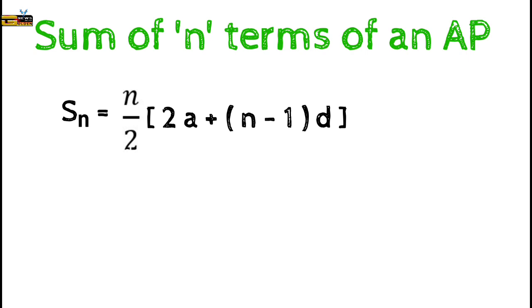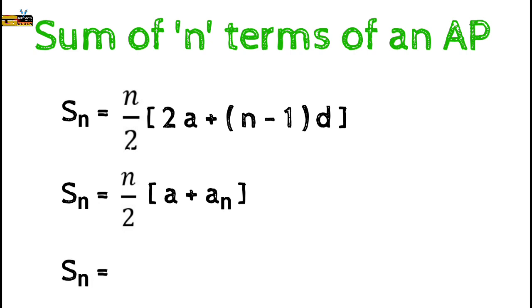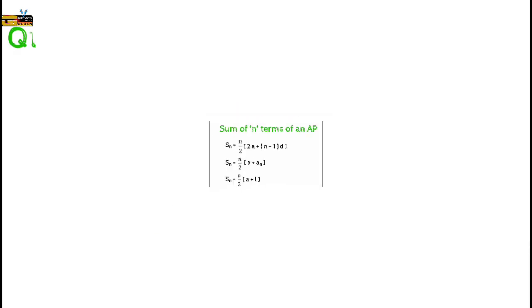Sn can also be calculated by using the formula Sn equals n by 2 into (A plus An) when the nth term of the sequence is given, or Sn equals n by 2 into (A plus L) when the last term is given.